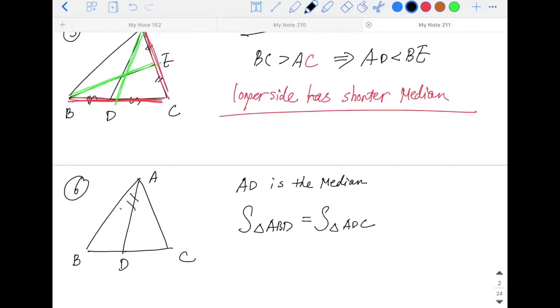These two triangles have the same area. This is quite understandable, right? We can see that these two triangles share the same altitude and their bases are the same. Therefore, they should have the same area. Okay, so let's just continue.